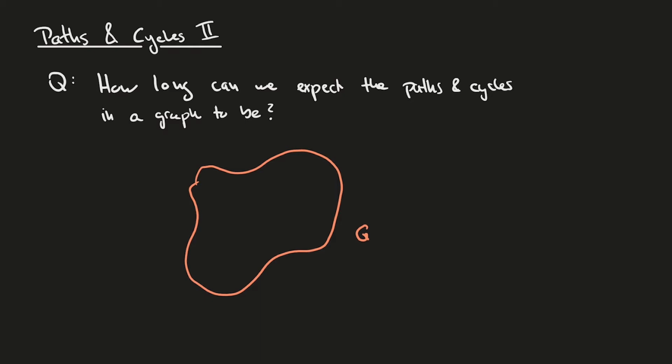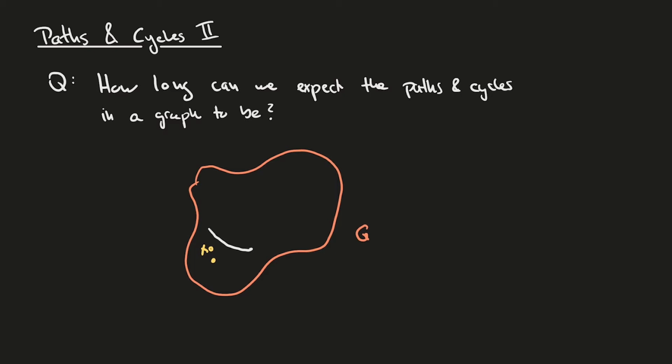If we now want to find a long path in G, we could proceed as follows. So we could start at any arbitrary vertex. Let's call it x0, and then we could try to extend a path from x0 as far as possible.